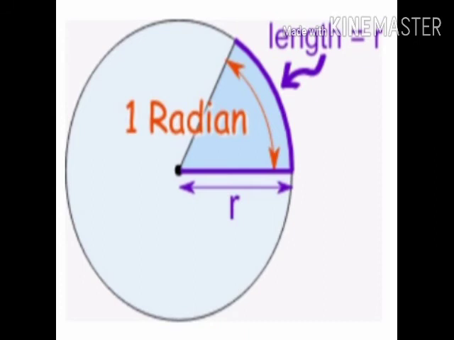Curved path means arc length. Arc length is the same as the radius. So here arc length and radius are equal to each other. Then the angle between these two radii is called radian measure. Is it clear? If the arc length and radius of a unit circle are equal, then the angle between the given two radii is called what? Radian measure.